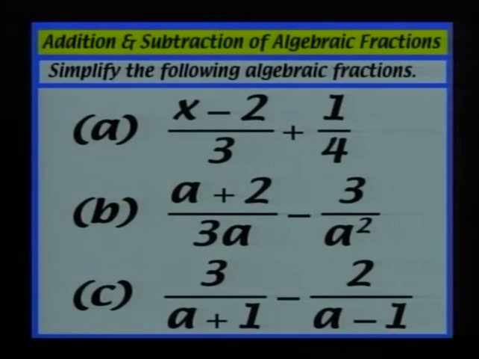A squared is the common multiple of a and a squared. On the other one, there is no number, so it's like 1. The common multiple of 3 and 1 is 3. That's the only multiple of 3 and 1. So you have to include 3 multiplied by a squared. So it's 3a squared.